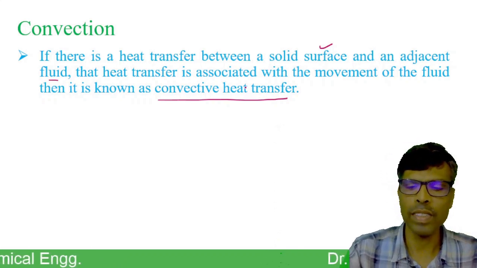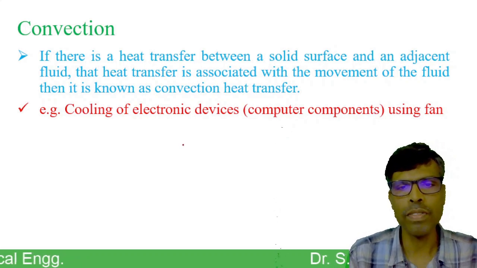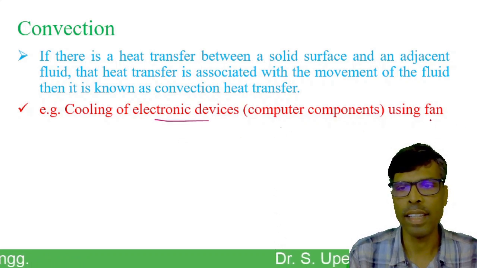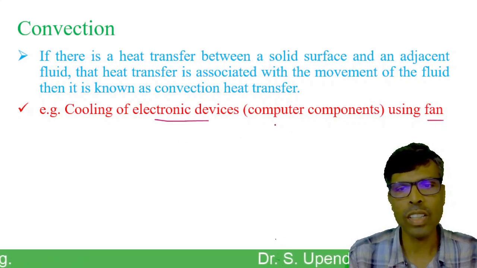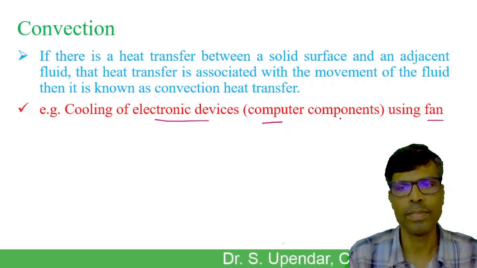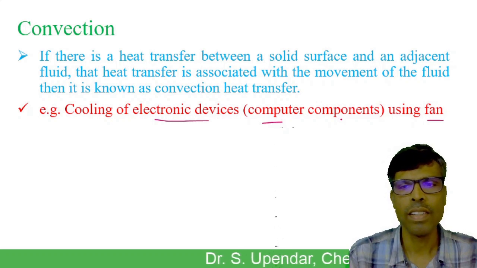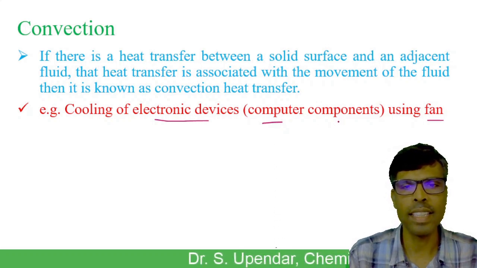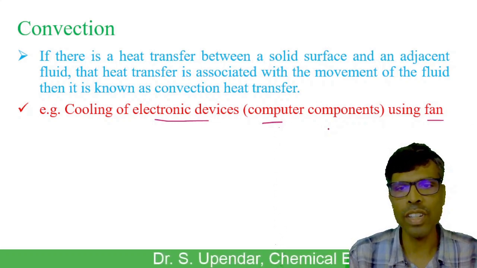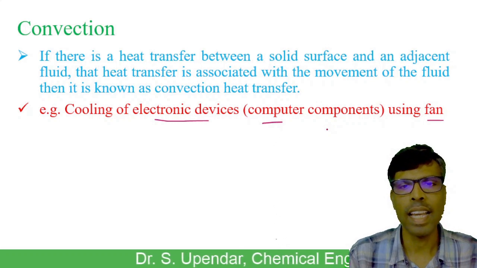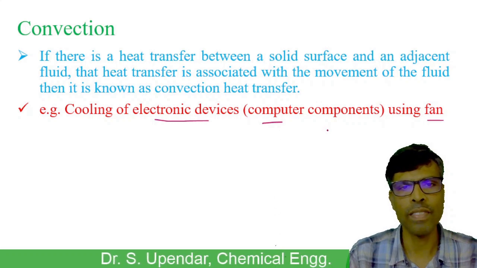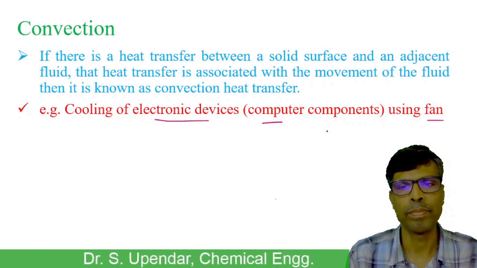One example of convection is cooling of electronic devices using a fan, like electronic components of computers and other electronic devices. In this, fans are used to circulate the air into electronic devices, and that circulation of air cools the electronic components of those devices using this convection heat transfer mechanism.